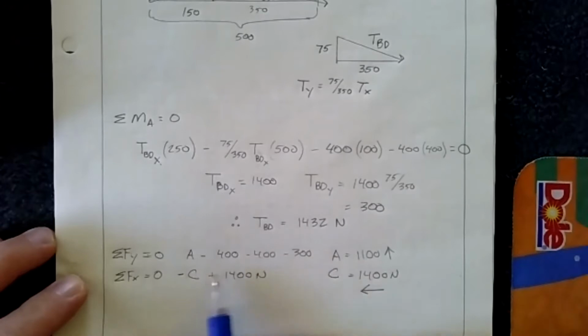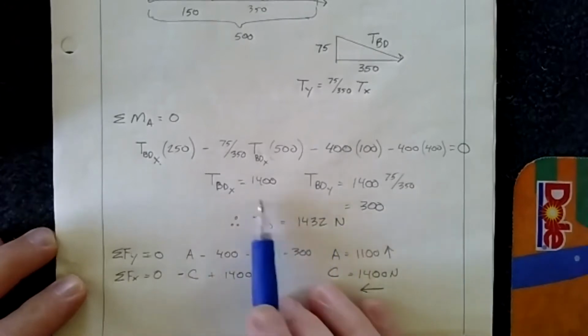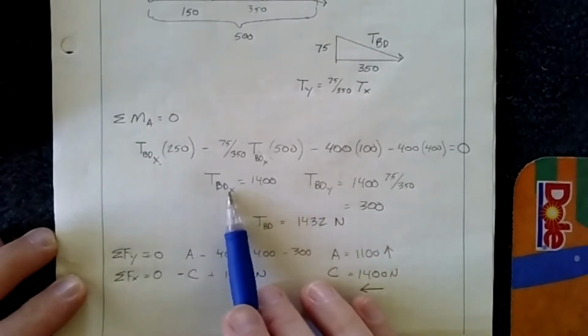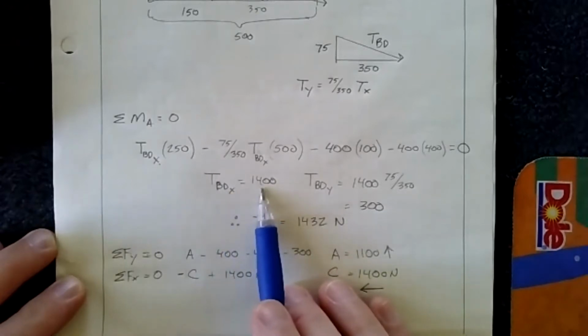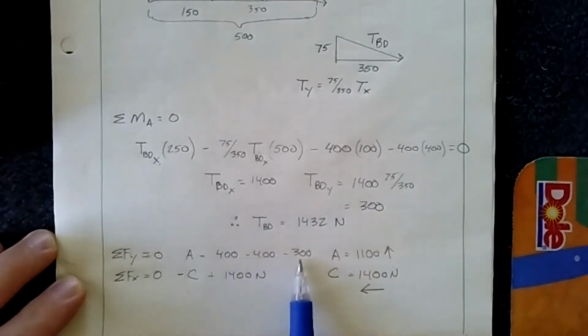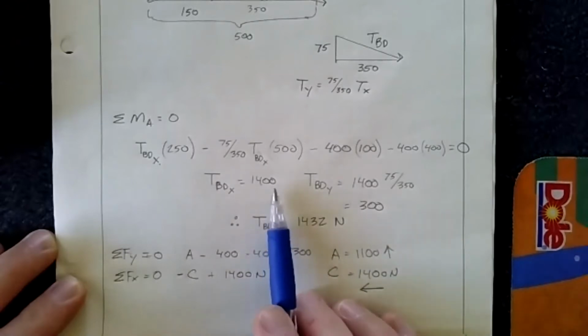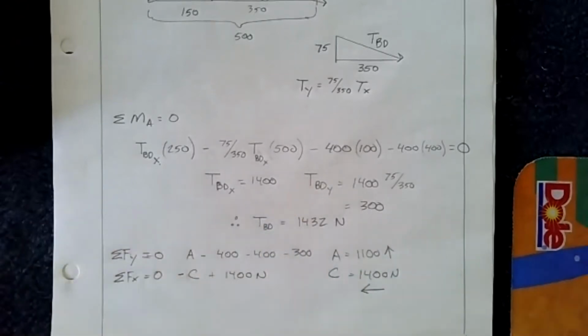That's because if TBD is 1,432, and I go back and find its X component is equal to 1400, its Y component is equal to 300. So what I did is I just converted those back. I found A is 1100 going up, and then minus C is 1400, just equal to the X component. And that's that. I have the reactions.